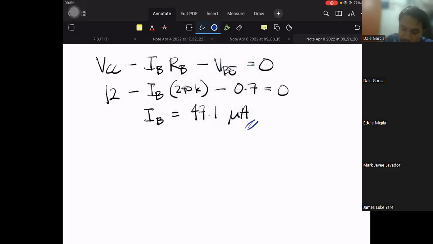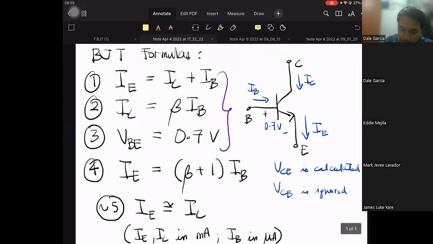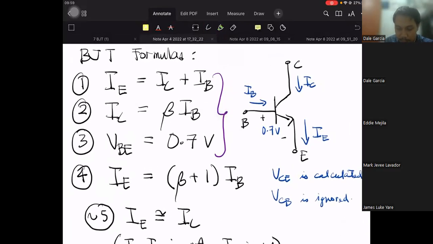Once IB is solved, it is easy to solve IC and IE. We just invoke the formulas from the previous meeting, the relationships between currents. You should have a copy or have memorized at least the first three. IE is equal to IC plus IB, which we cannot use yet. Number 2: IC equals beta IB.